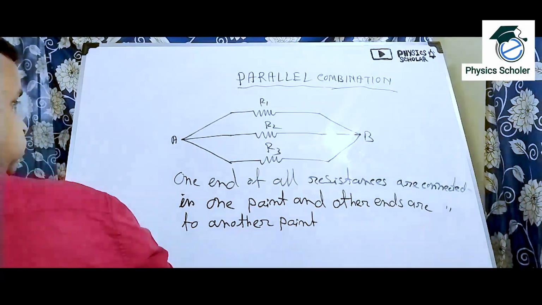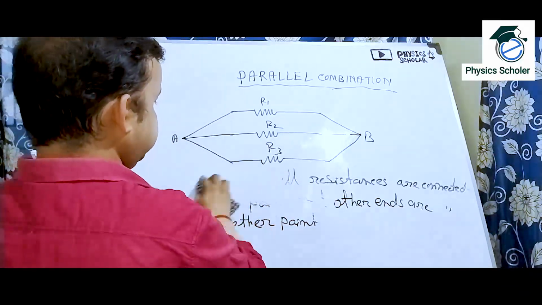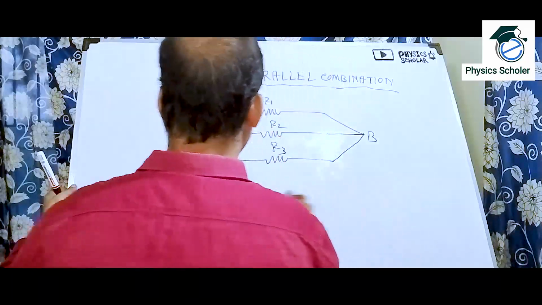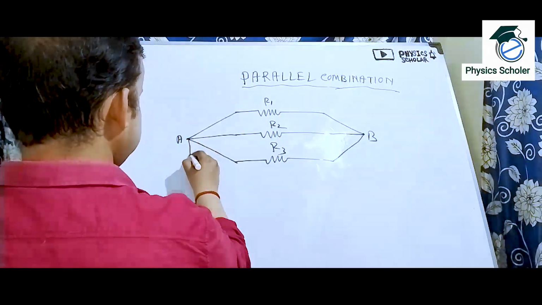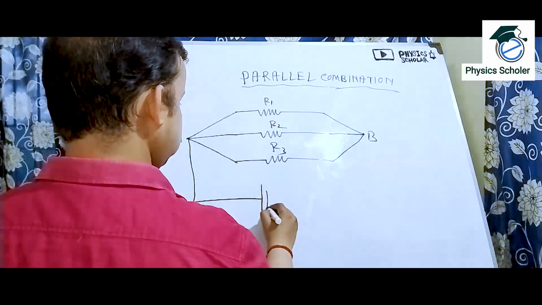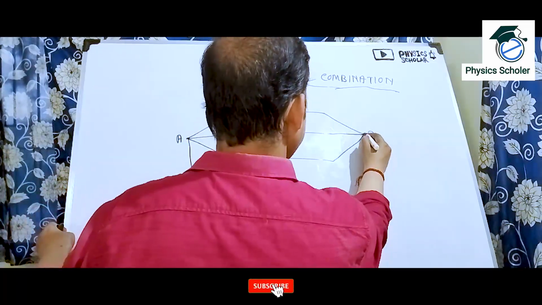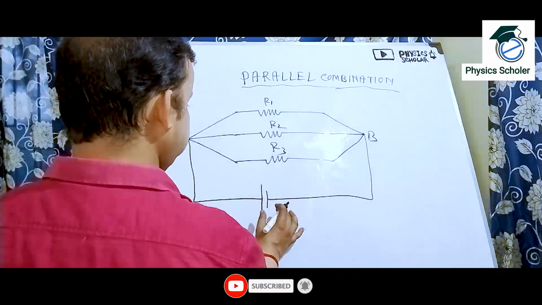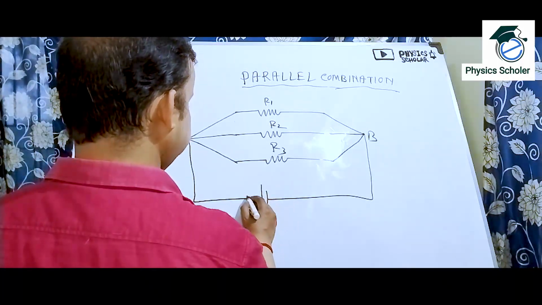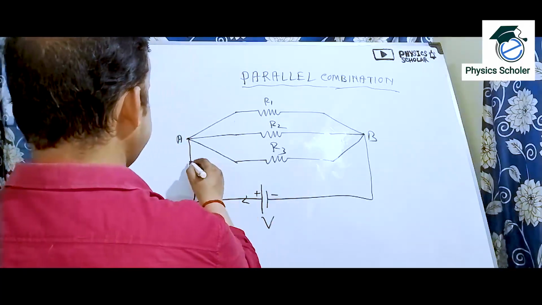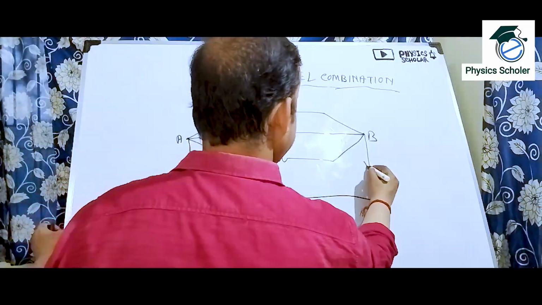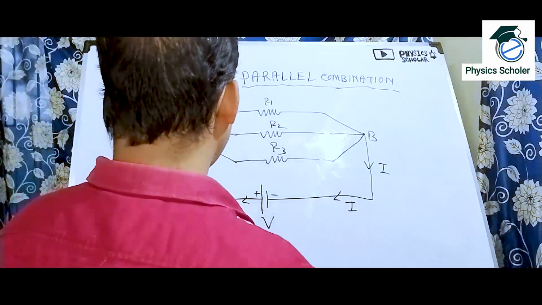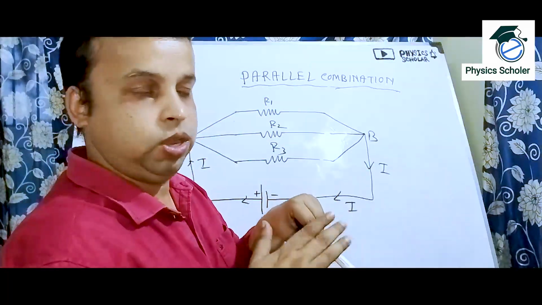Now if we connect it with a battery, suppose this is the battery, and the potential difference of the battery is V. This is the positive side, this is the negative side, and the current is I. In case of the series, the same current flows through each of the resistances or devices.